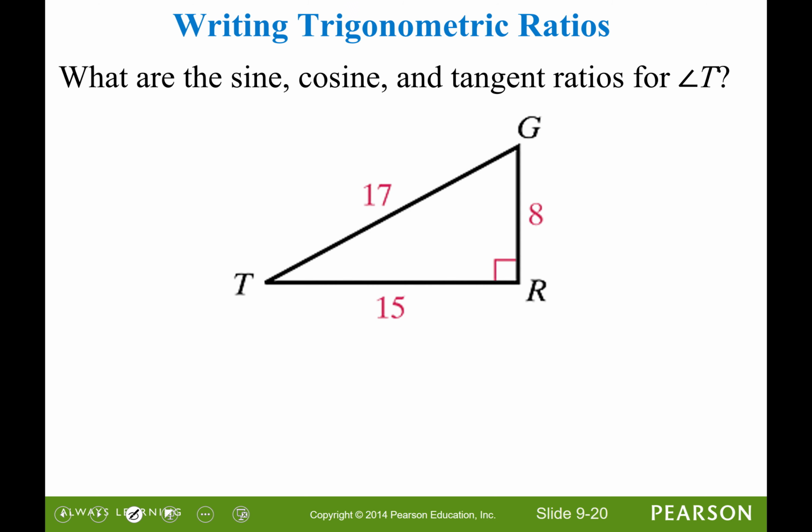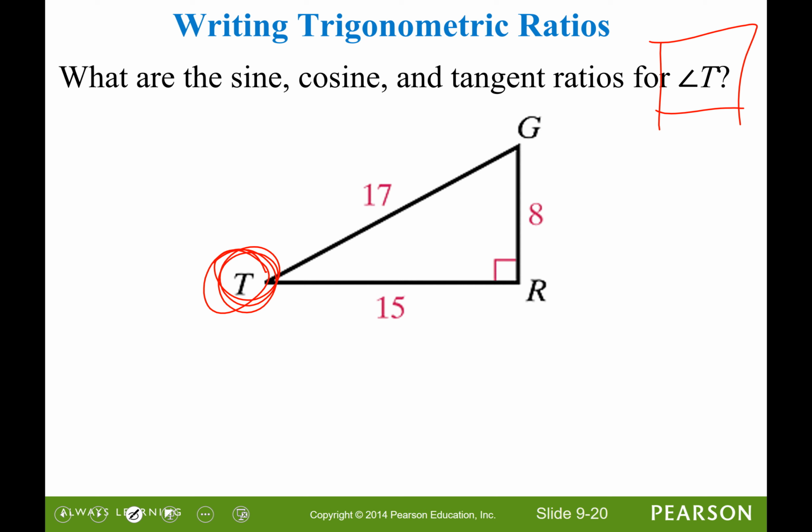Okay, so let's practice writing trigonometric ratios now. We're asked what the sine, cosine, and tangent ratios are for angle T. If you want to use my technique, I like to circle the angle T first.